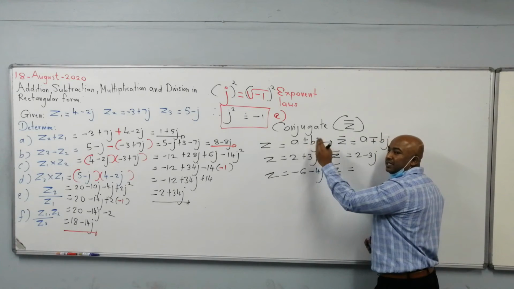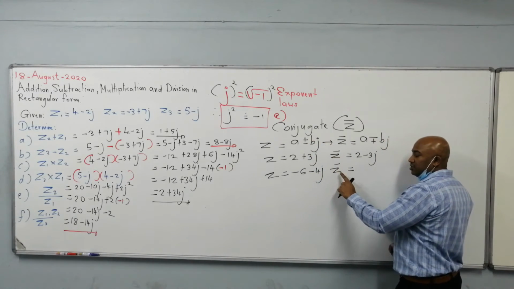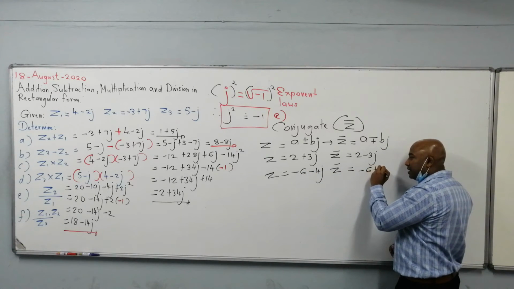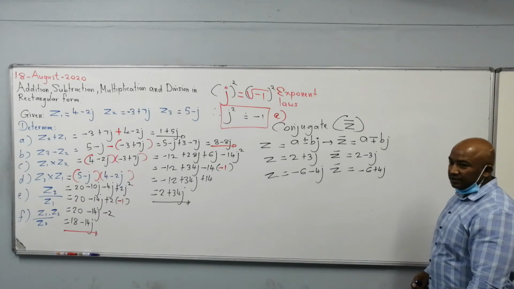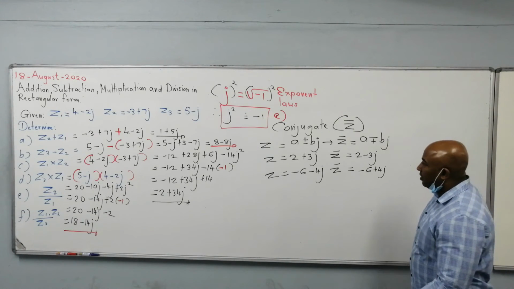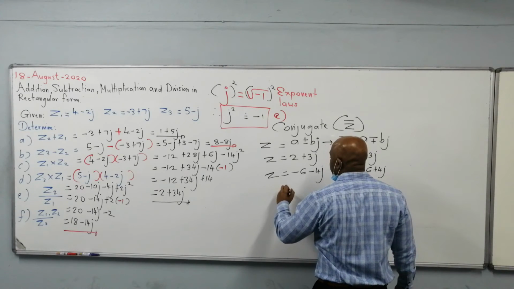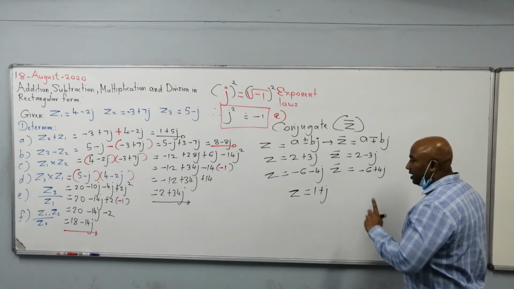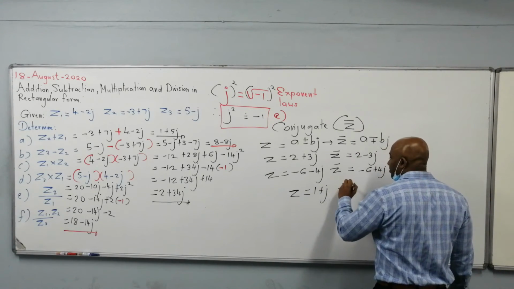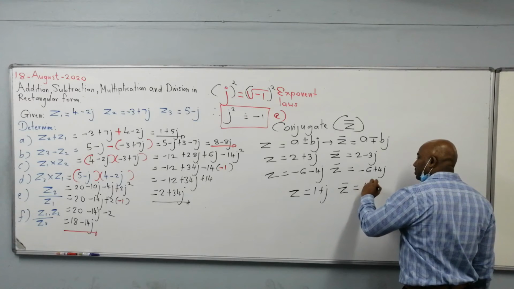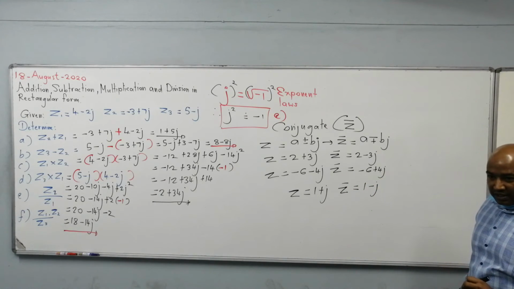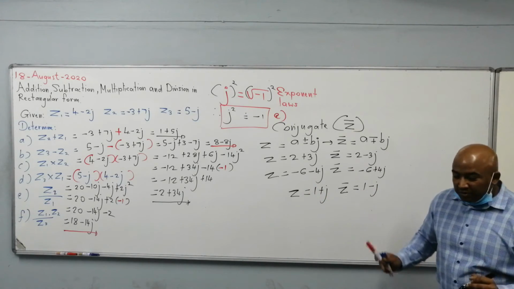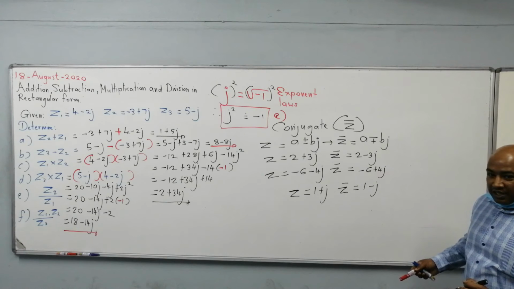So the conjugate of minus 6 minus 4j is minus 6 plus 4j. Okay, one more. z is equal to 1 plus j, and the conjugate of 1 plus j is going to equal 1 minus j. Can you see that? So z is equal to 1 plus j, the conjugate will be 1 minus j.